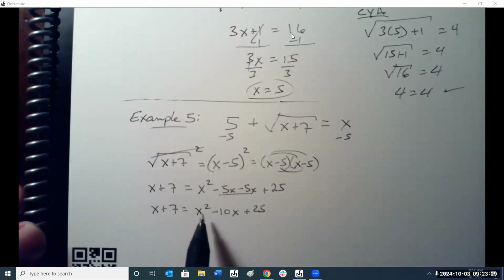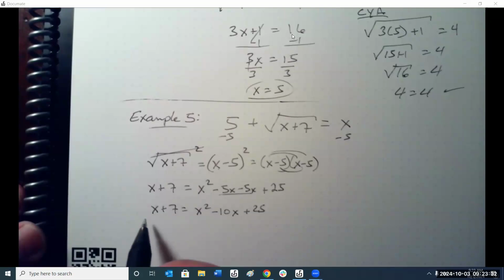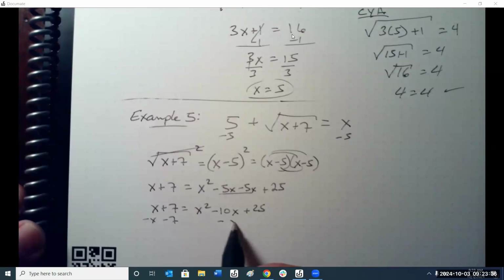Since it's a quadratic equation, we have to move everything to one side. So we subtract x, and we subtract 7 from both sides. Because it has to be equal to 0. Negative 10 minus 1 is negative 11. 25 minus 7 is 18.